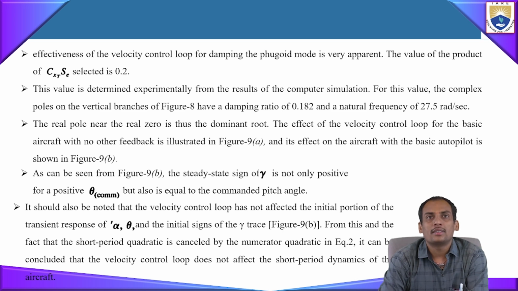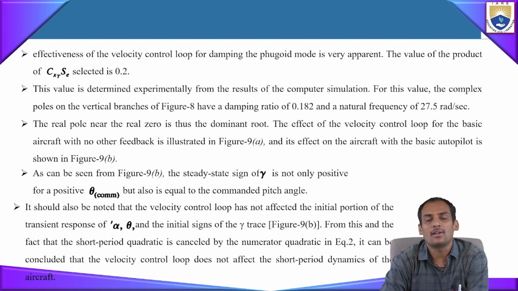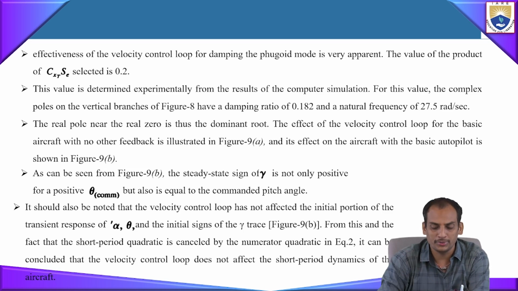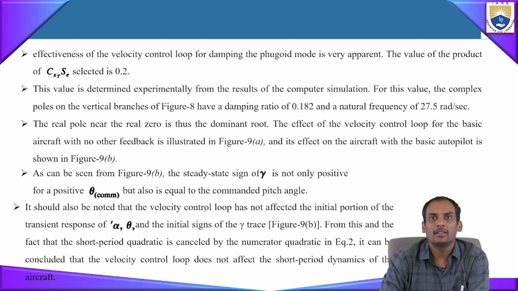As we see in the figure, the steady state of gamma is not only positive, but theta command is also equal to the commanded pitch angle only. So it can be noted that the velocity control loop has not affected the initial portion of the transient response, that is alpha dash and theta, but the gamma trace is different.